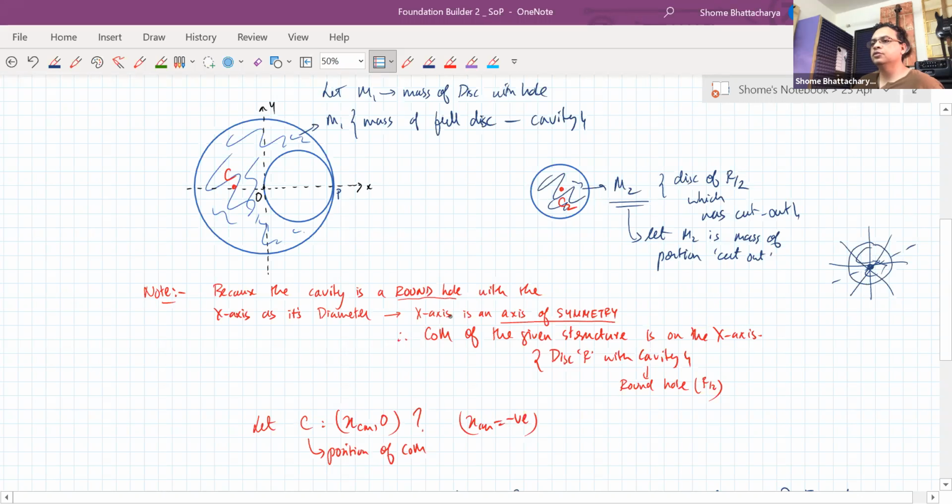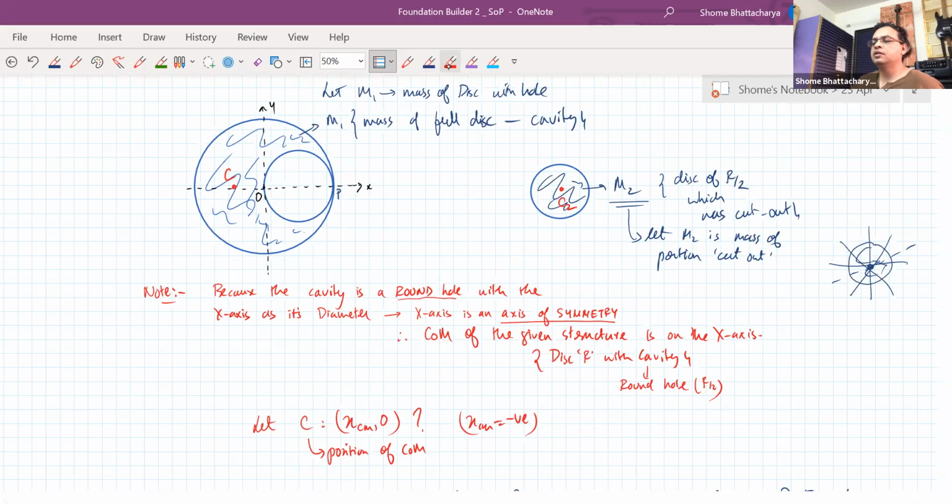Now next we are going to use superposition. We are going to place this back over here and see the combination of these two masses when placed on top of each other, that the whole is refilled by that smaller disk. That combination will give us a center of mass over here.